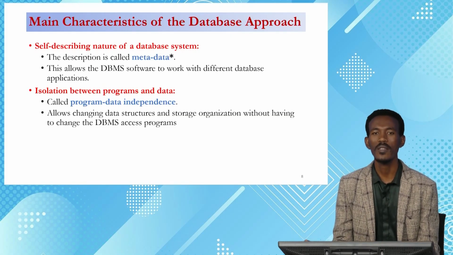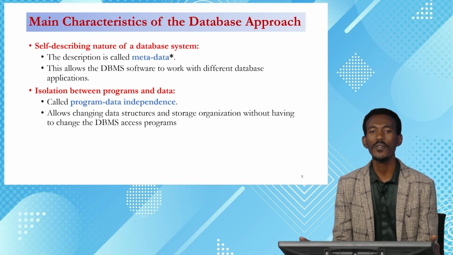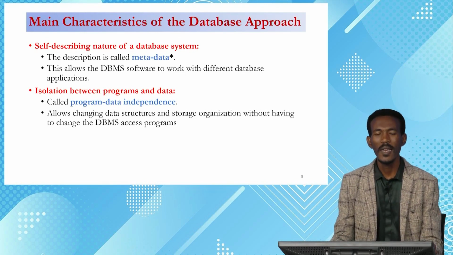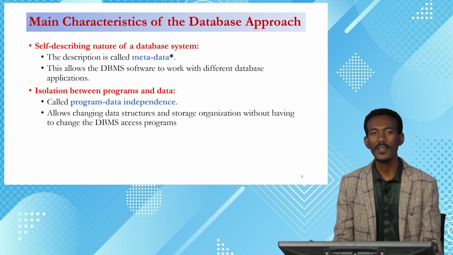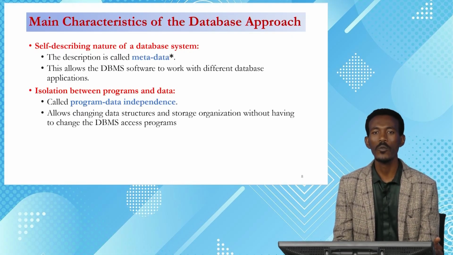This database has certain characteristics. It is a self-describing nature. Whenever we are creating a database, we can have certain descriptions that the data describes itself with. That is what we call metadata.